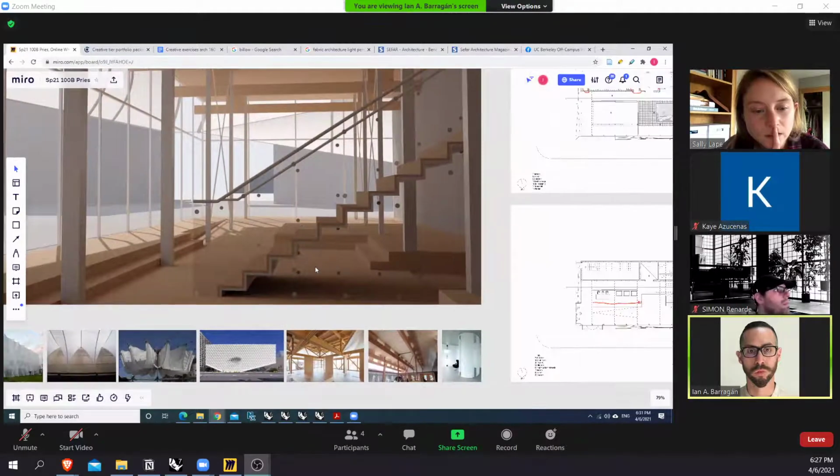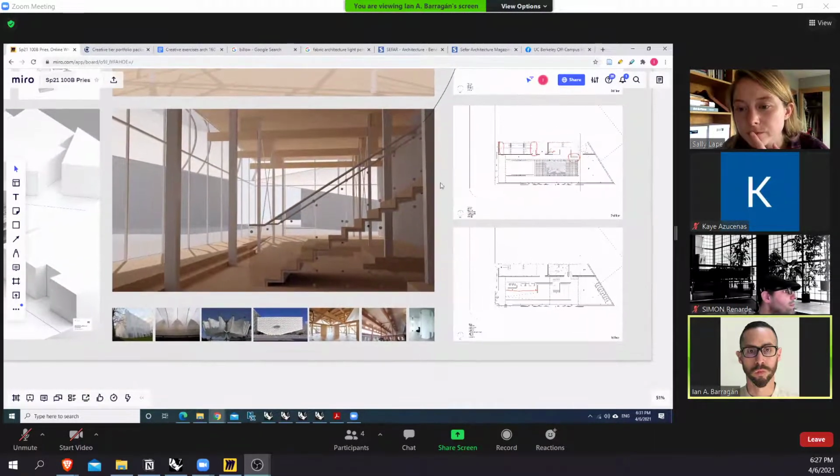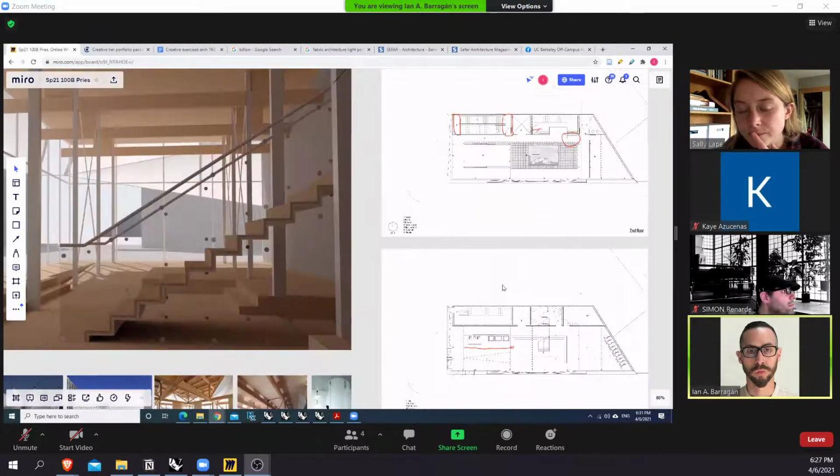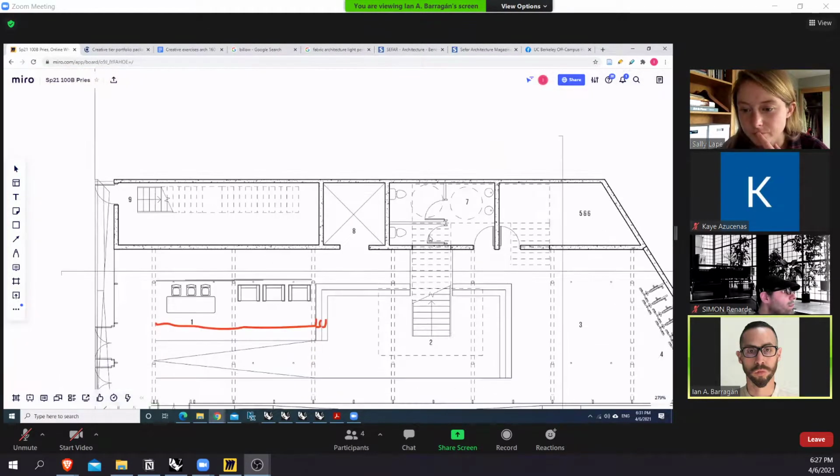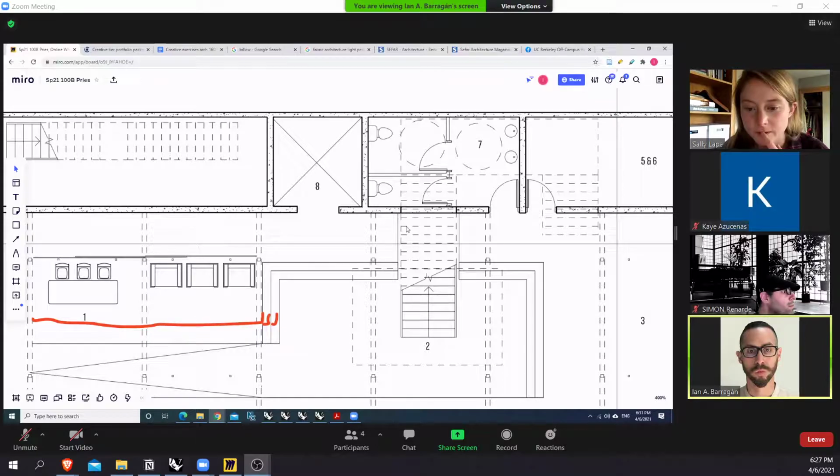Because actually, one of the options that I'm thinking, if we look at the plan real fast, this part right here, the headroom is not high enough for people to go under it. So it's basically going to have to be enclosed by glass.